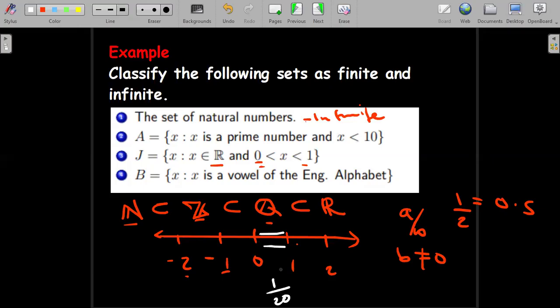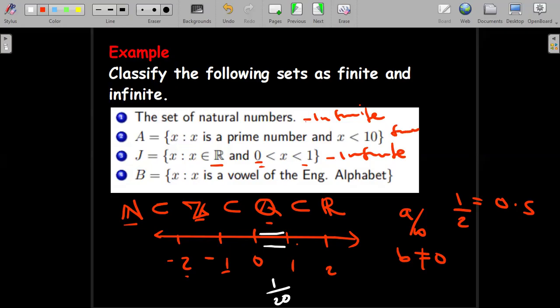So I'll have a lot of numbers. Since I can continue increasing my denominator up to infinity, infinity is not a fixed point, but I can continue increasing, meaning I can have infinitely many numbers here. So this set J is an infinite set.